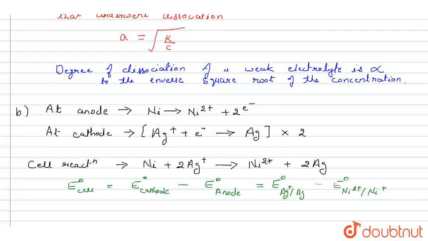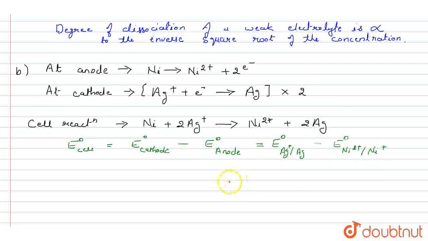Substituting the values in the formula, the value of E naught cell becomes 1.05 volt.